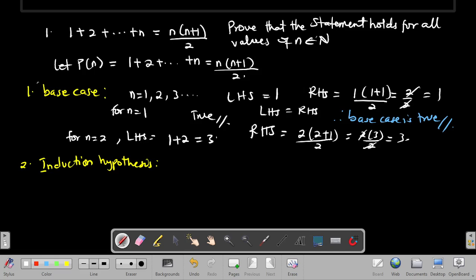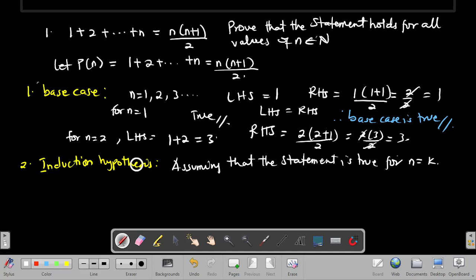Now, our statement P of n, we are going to assume that the statement is true for n equal to k. So therefore, we are assuming that our statement is true. Without assumption, we cannot actually prove.